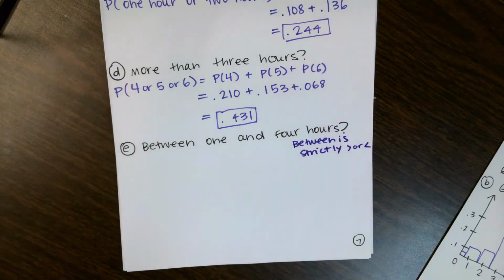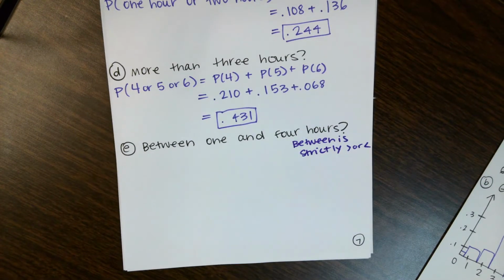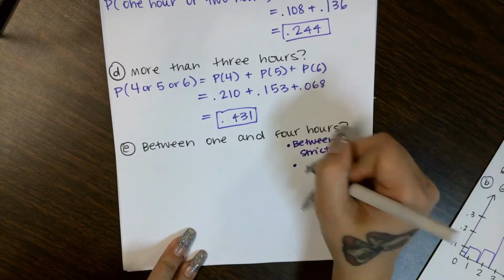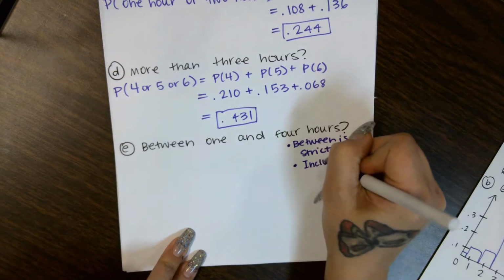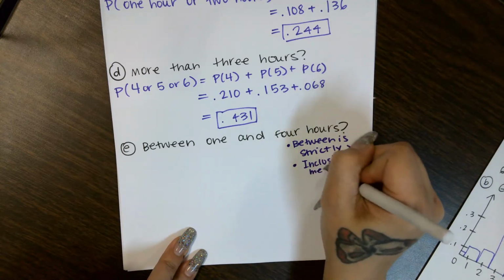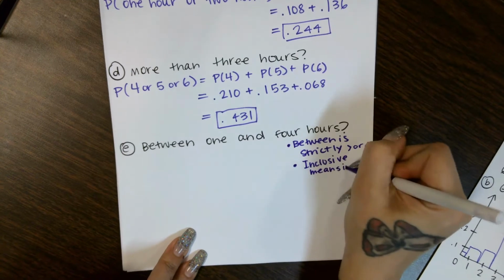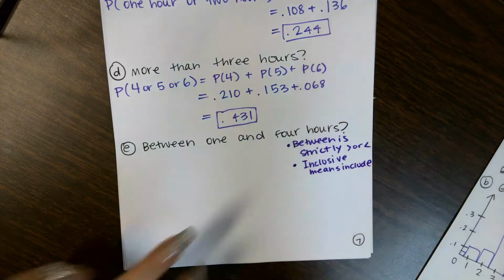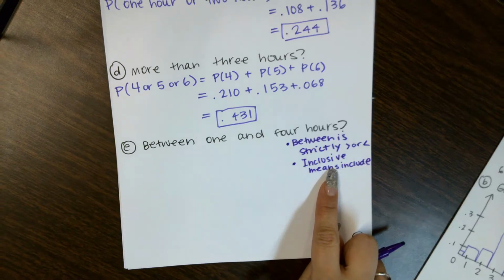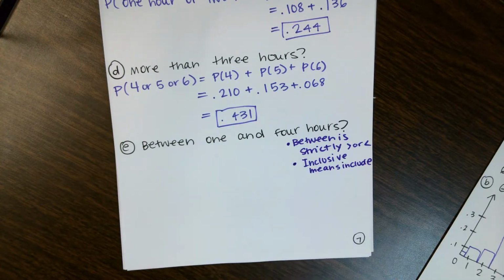I just use the symbols. And then just for continuity here, if you see the word inclusive, inclusive means include. Those are the two different things. So inclusive means it can equal. Between means it's strictly greater than or less than.